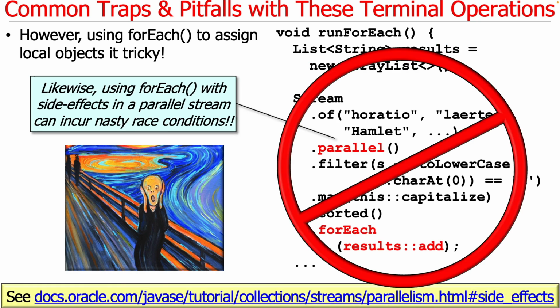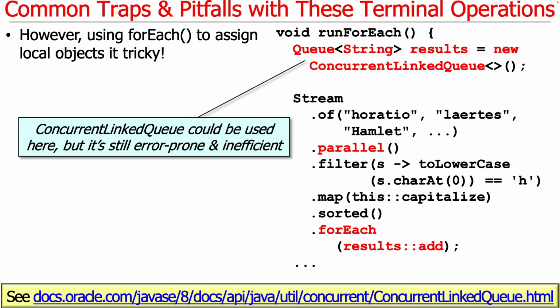Secondly, and perhaps more importantly from a semantic point of view, if you slide in the parallel intermediate operation here, saying I want this stream to be a parallel stream, now you've got some nasty race conditions because a list of strings is not thread safe. As a result, multiple threads will be adding into this list, stomping all over each other, and once again, you'll have chaos and insanity.